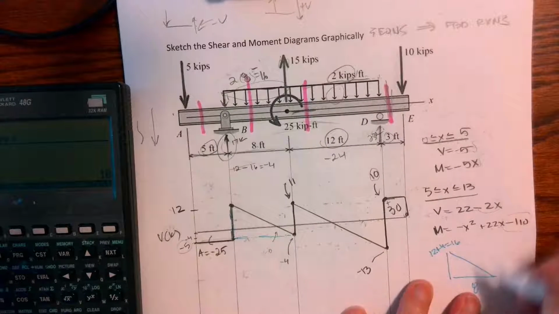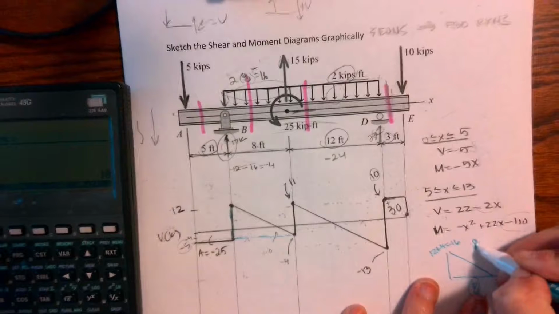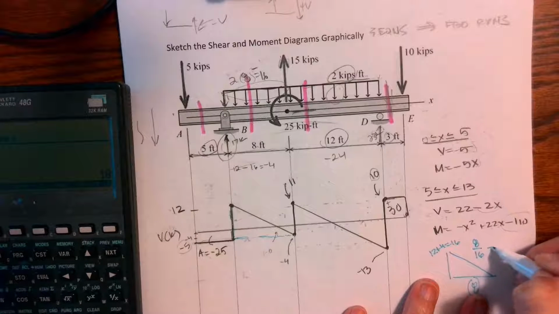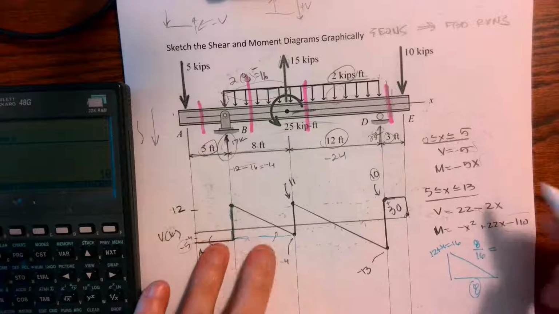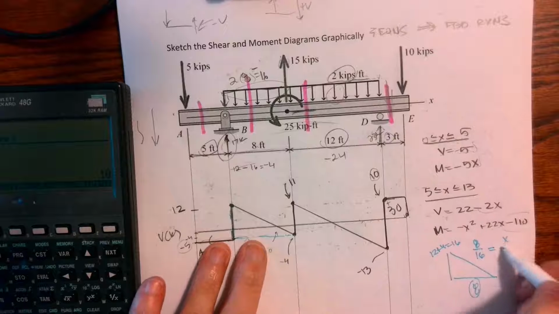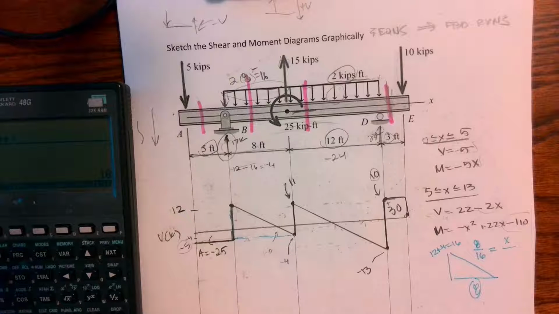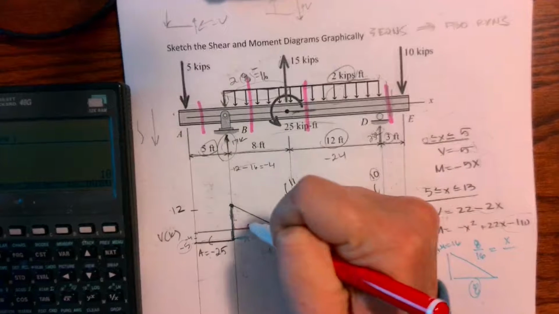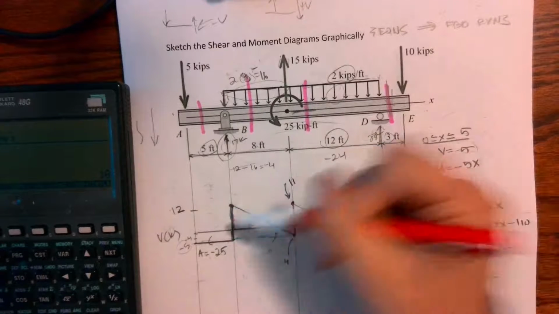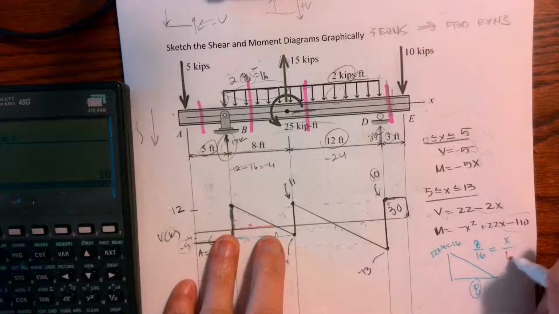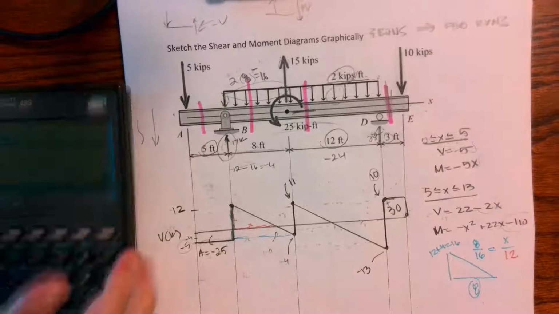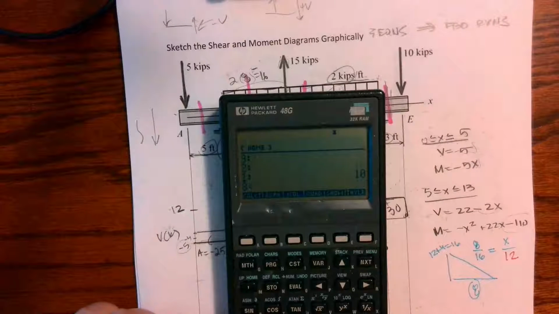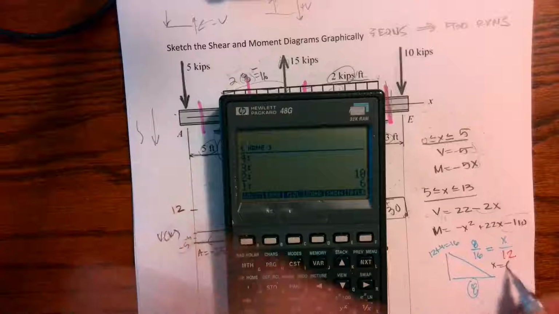So I'm going to have 8 is to 16 as x is to 12. So we've got this same slope, here's my term x, and my height is 12. So I'm going to have 8 enter 12 times 16 divided by, and I get 6 feet. So x equals 6.